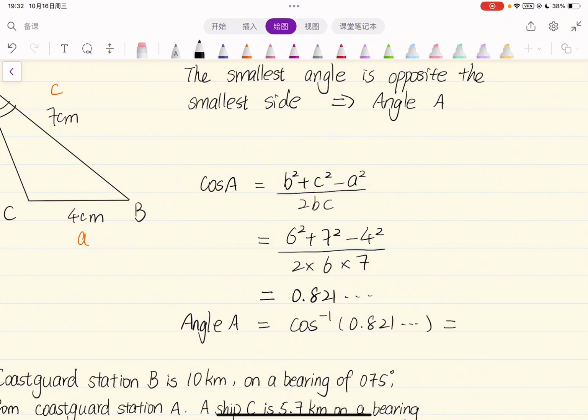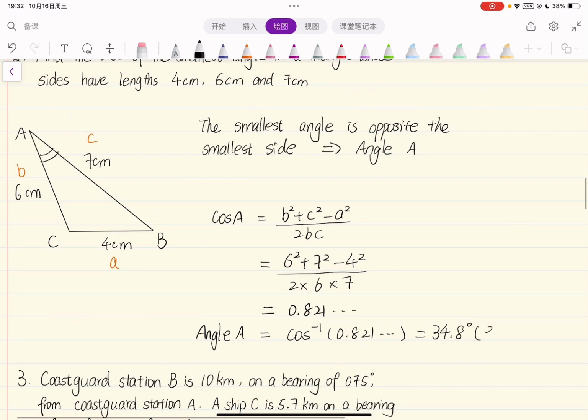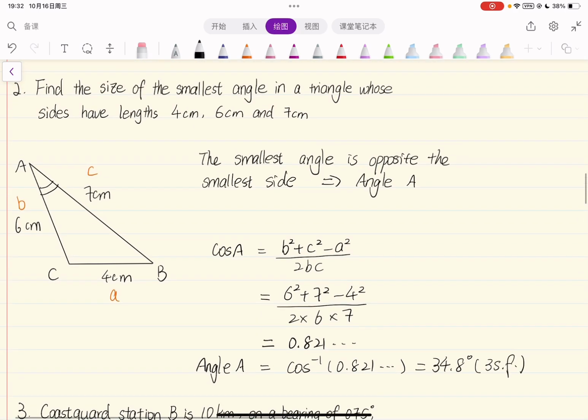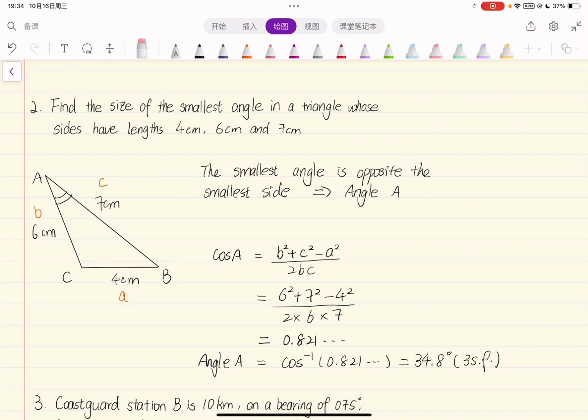That equals to 34.8 degree. In here, we need to round up, that is 3 significant figures. You need to remember that you do not need to round any numbers until you get the final answer. So we don't round up this answer over here.